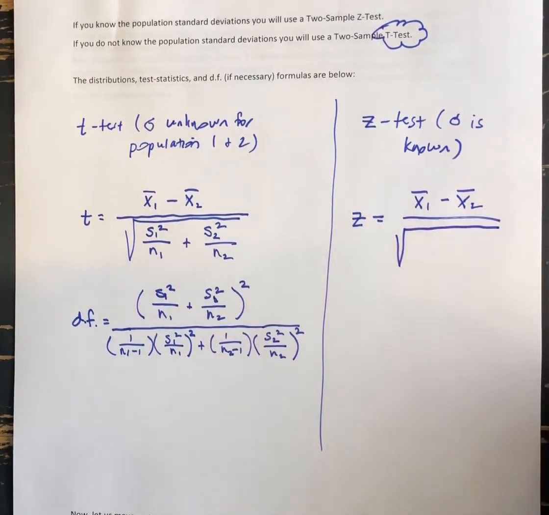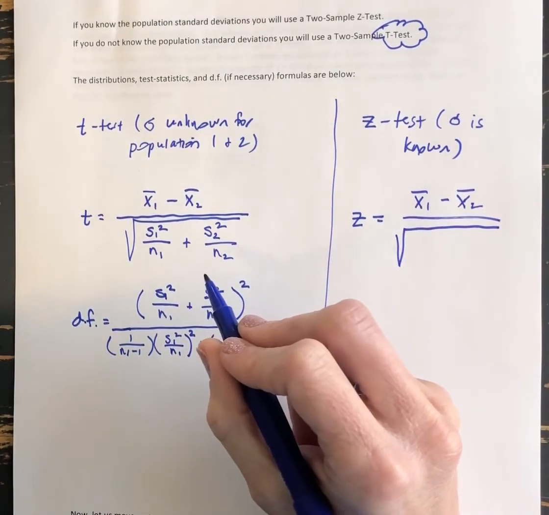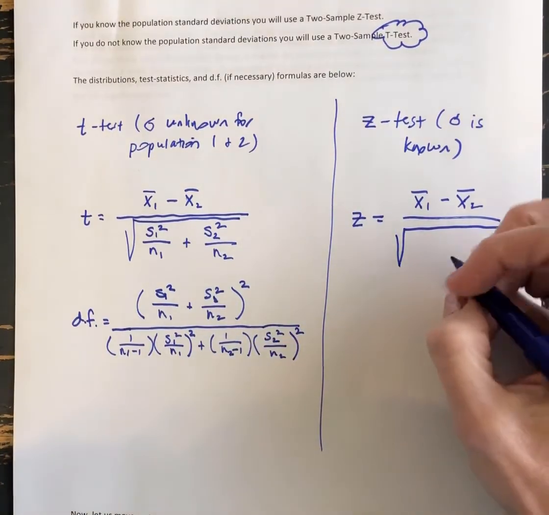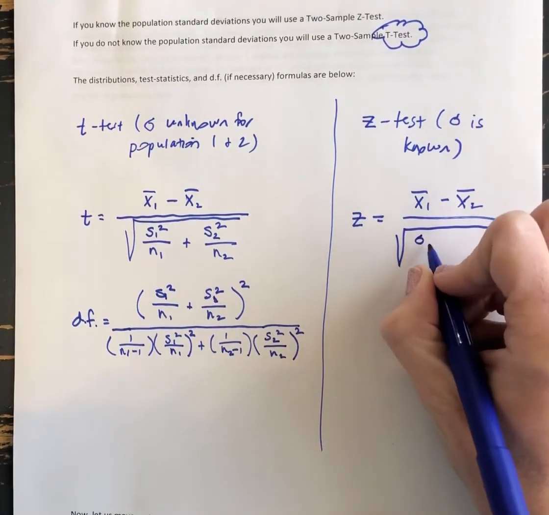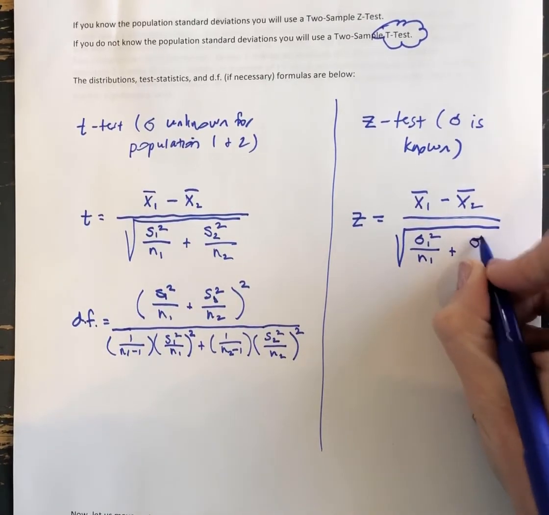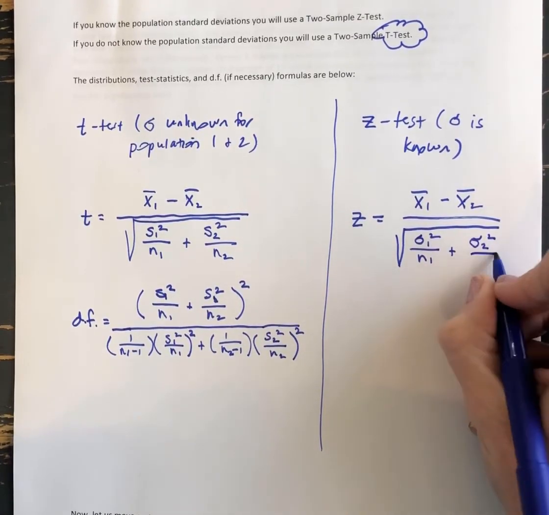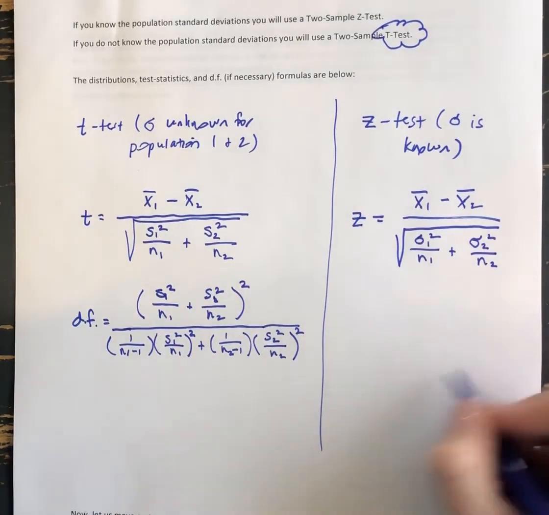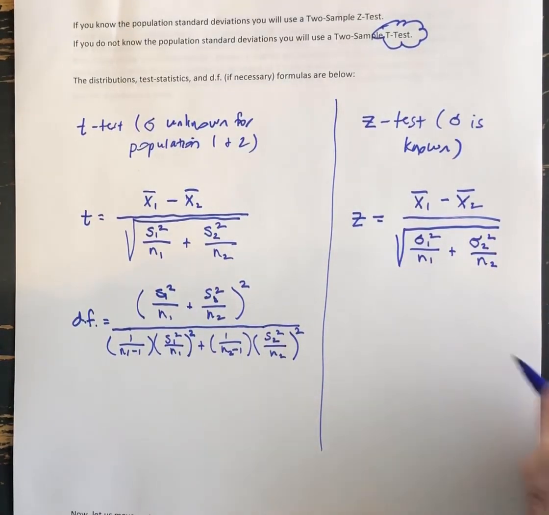And then in our denominator, it's going to look very similar to the t-test. We're just going to use sigma instead of s. And again, there's no degrees of freedom with a z-test. That's just the standard normal distribution. And there's only one of those, so we don't need degrees of freedom.